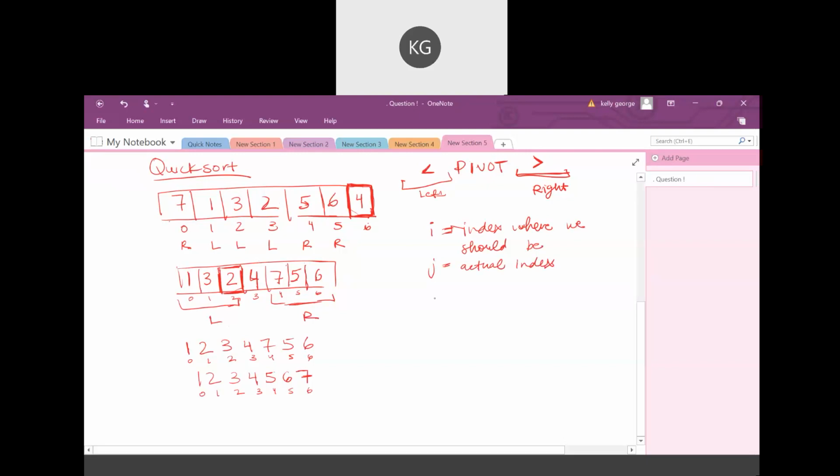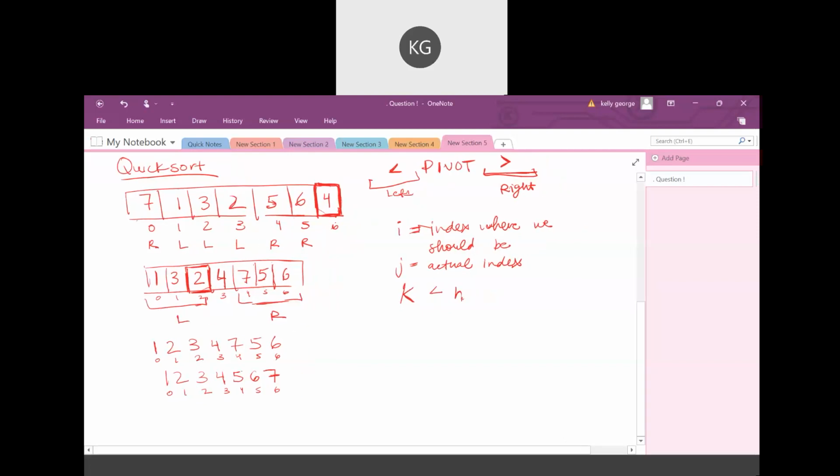And then we have a constant, k, which can be any value that's less than n. n is the size of the array, so the size of this array is 7. So our k would have to be less than 7, or equal to 7, I guess.